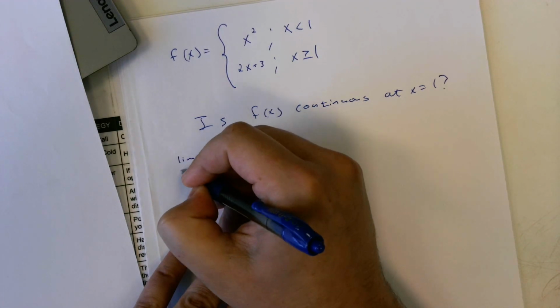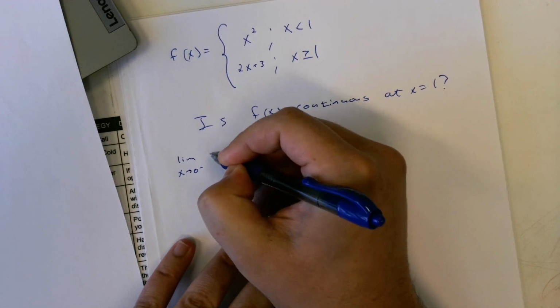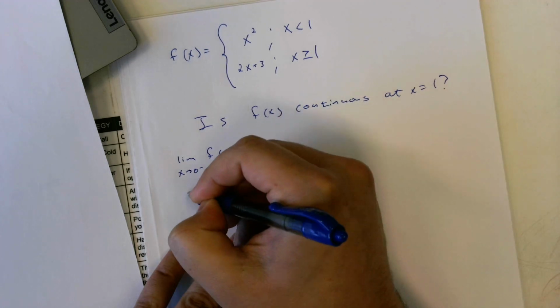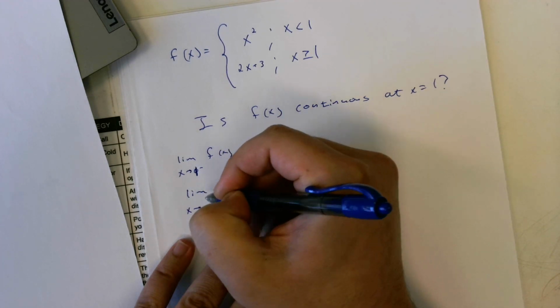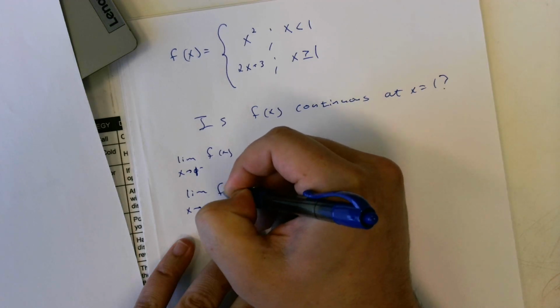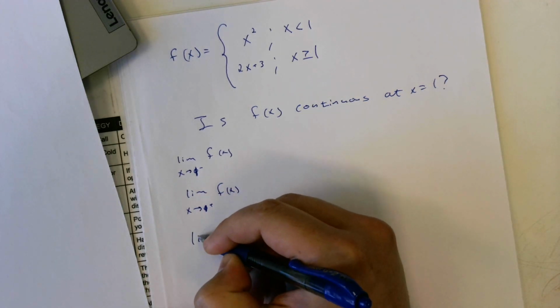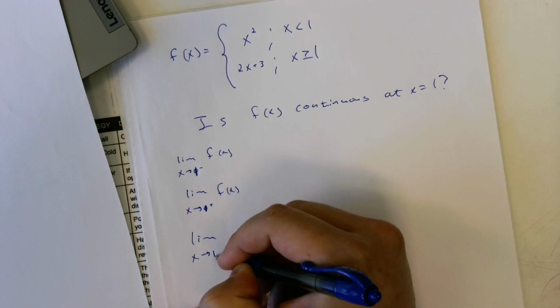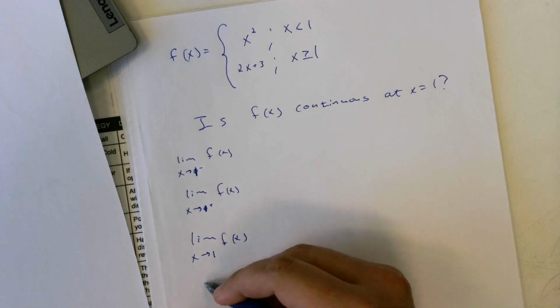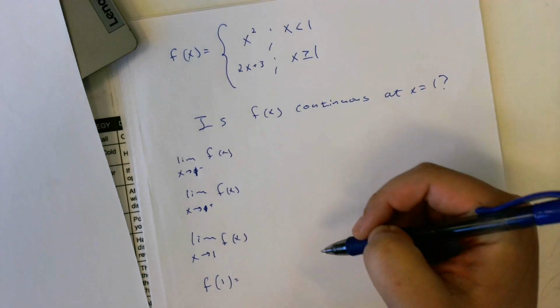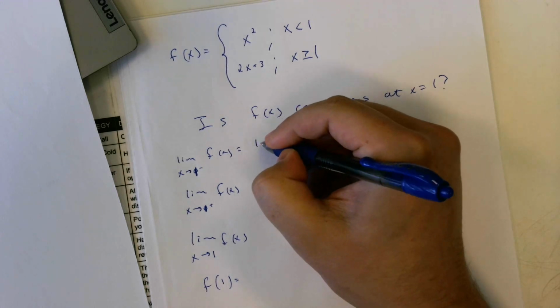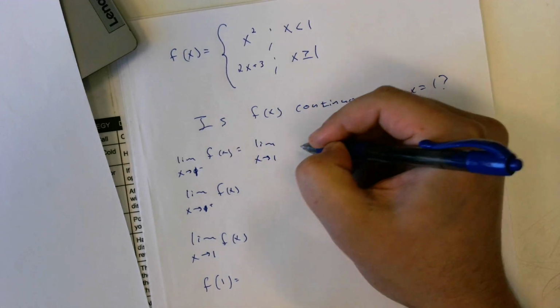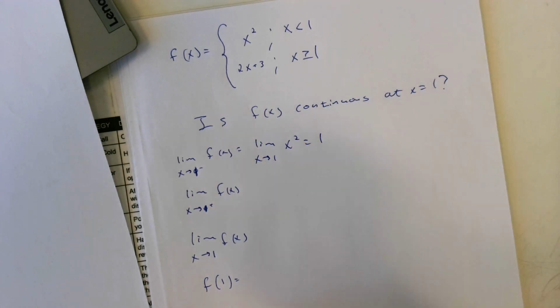Let me set up my four little things here. The limit as x approaches 1 on the left of f of x, the limit as x approaches 1 on the right of f of x, the limit as x approaches 1 of f of x, and f of 1. Well, on the left, we are x squared, so this is the limit as x approaches 1 of x squared. That's just 1.